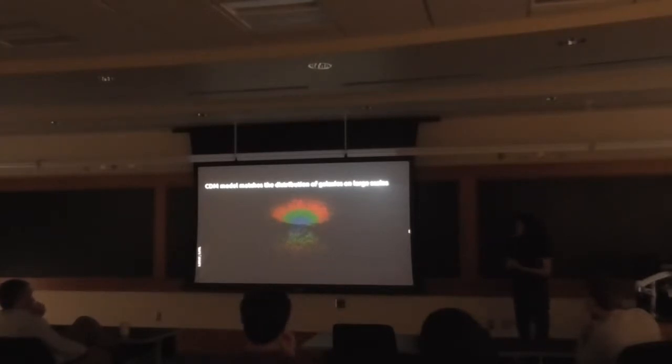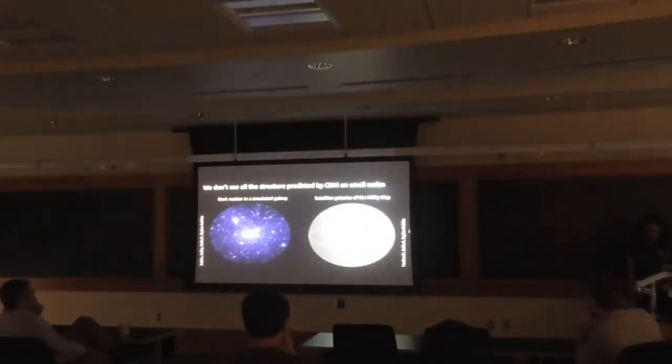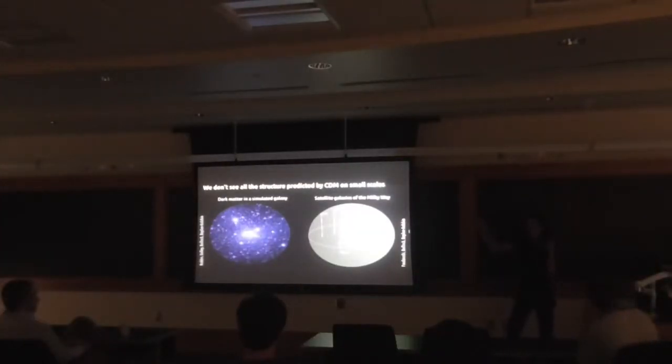Then something like 20 years ago, people noticed that if you zoom in on just one tiny dot in this picture, an individual galaxy the size of the Milky Way, in the dark matter simulations you expect to see something like the left-hand side. There should be a lot of structure and smaller clumps of dark matter in this one larger halo.